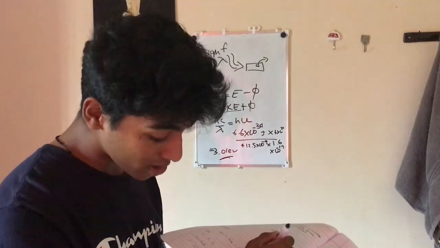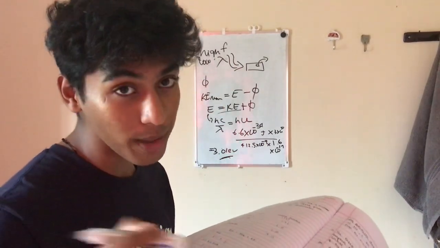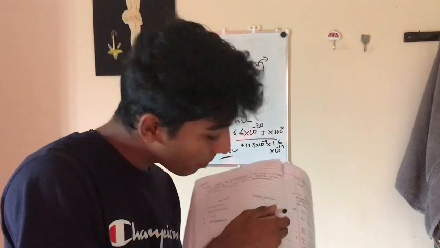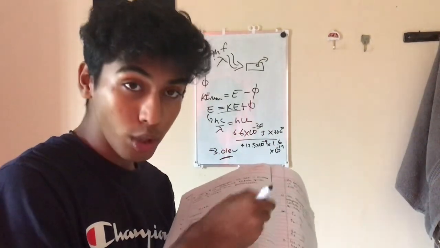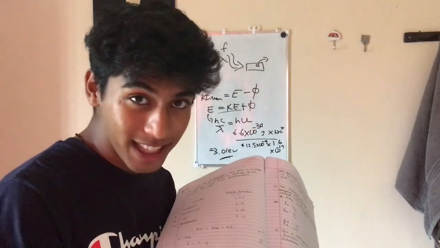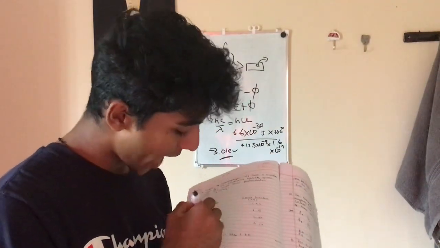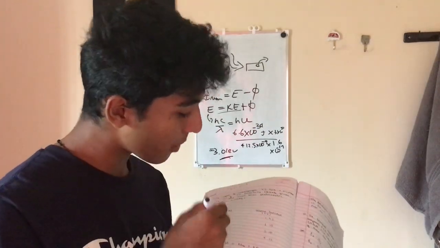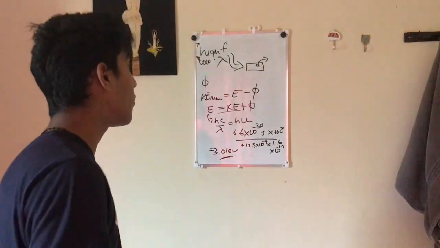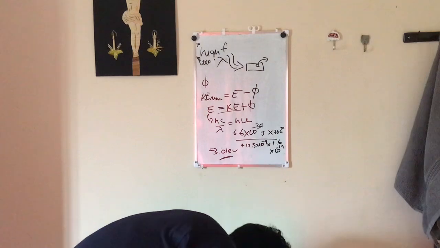But 3.20 won't work, because the minimum energy I require is 3.20, but the actual energy incident on the metal surface is 3.01. So calcium won't work and molybdenum won't work. Only sodium and potassium will work. And that is how you find the minimum energy for your work function.